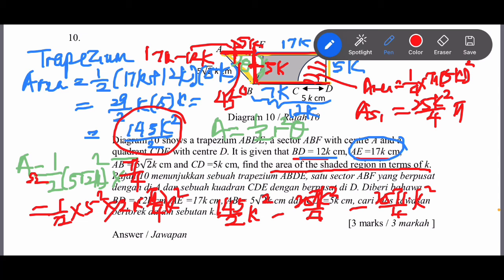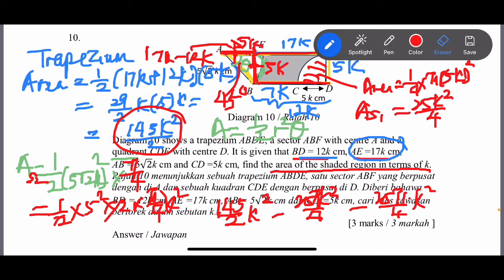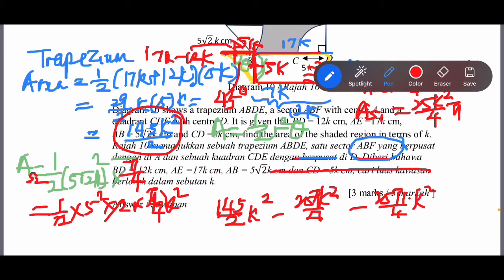Okay, now we have all the answers ready in terms of k. So we can simplify by taking area of trapezium minus area of sector 1 and area of sector 2. And finally, you need to simplify your answer to the simplest form. Okay, so area for the quadrant is 25k squared over 4 with a pi. Don't forget the pi.